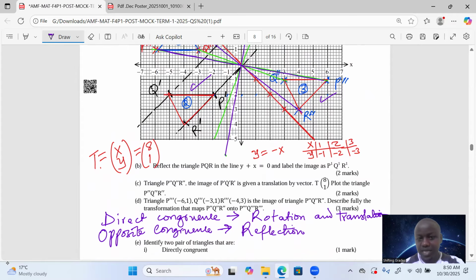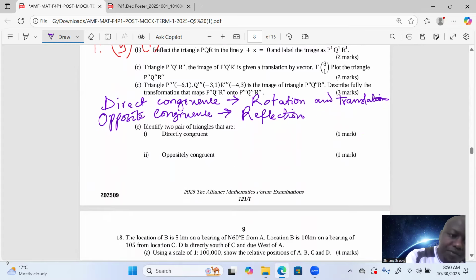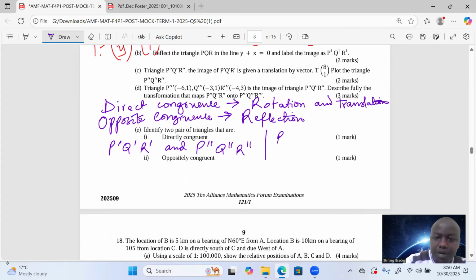Without having to tilt it, it will just fit in. That's what we call direct congruence. Therefore, P, Q, R and P prime, Q prime, R prime. That's one pair. And P, Q, R with the third one, P triple prime.